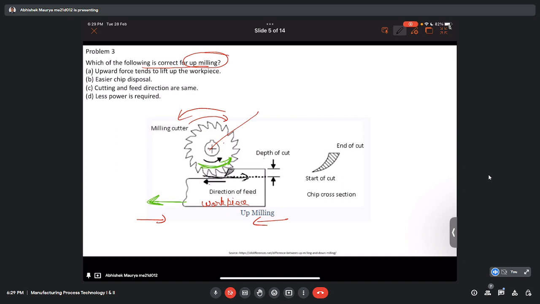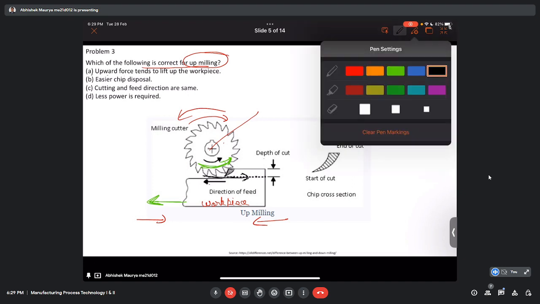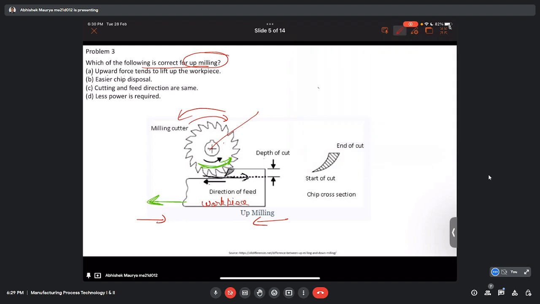The first one is that the upward force tends to lift the workpiece. Now the cutter is moving like this, and it comes in contact with the workpiece, let's say from here, and from here it keeps on rotating and goes like that.